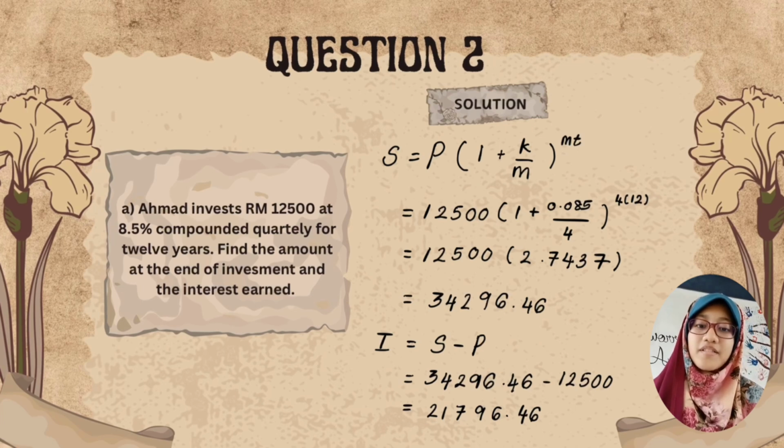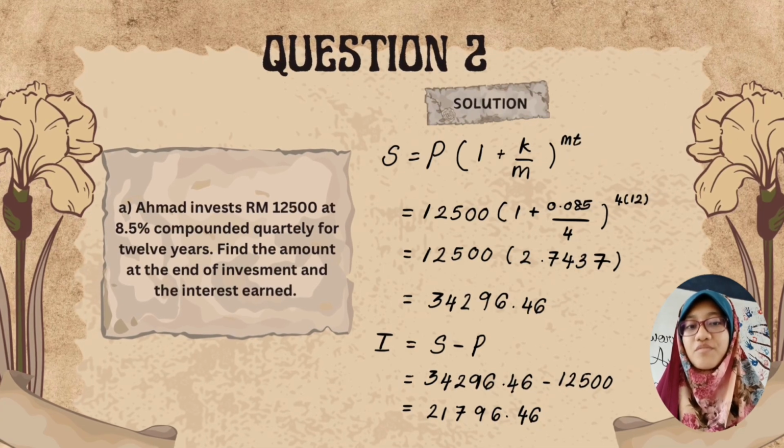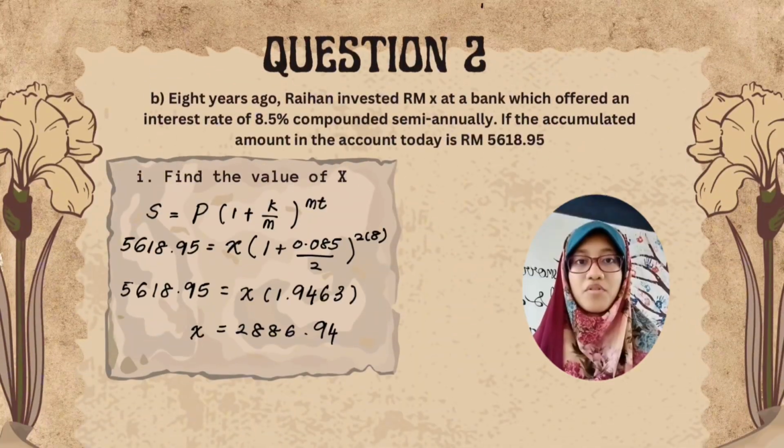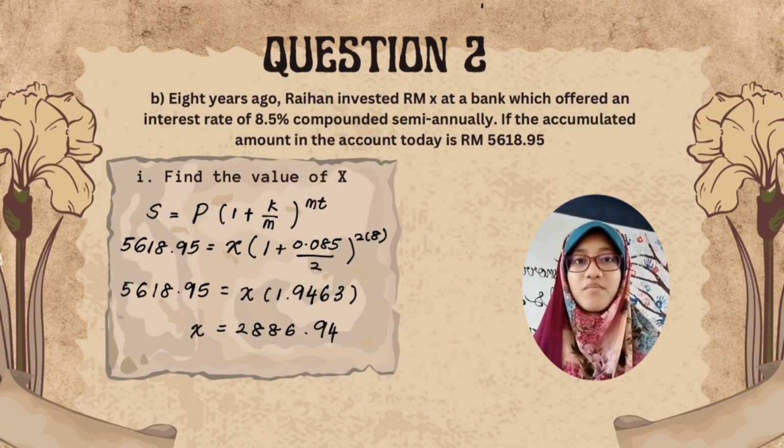To find the interest earned, we need to use the formula I equal to S minus P. 34,296.46 minus 12,500. The amount will be 21,796.46.